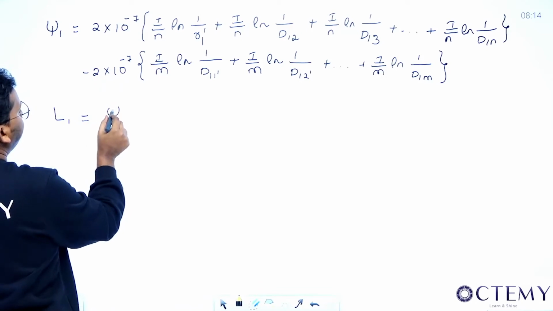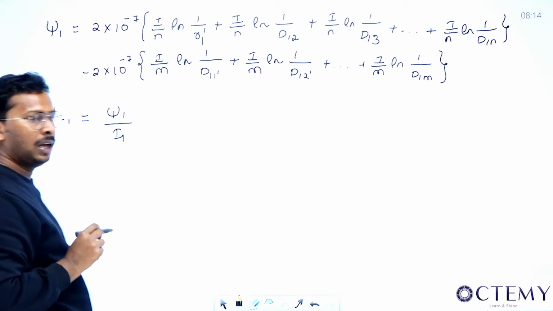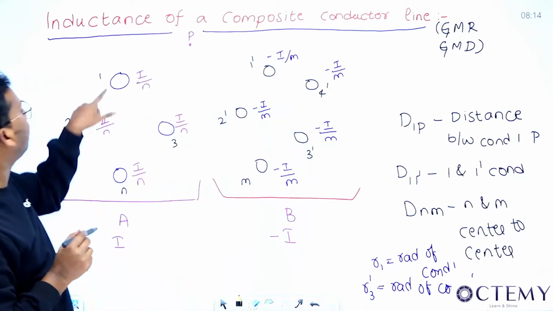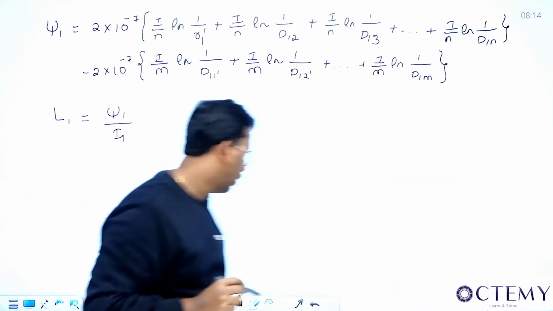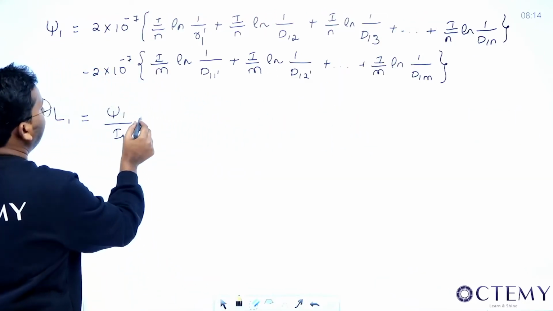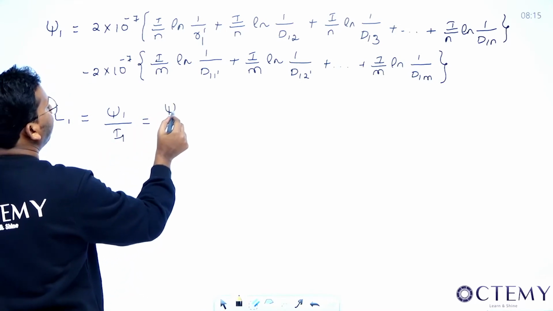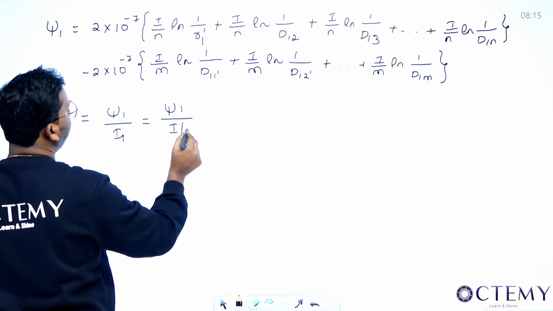L1 is phi 1 divided by I1. I1 is basically the current in the first conductor, that is equal to I by N. So phi 1 divided by I1, which is I whole divided by N.